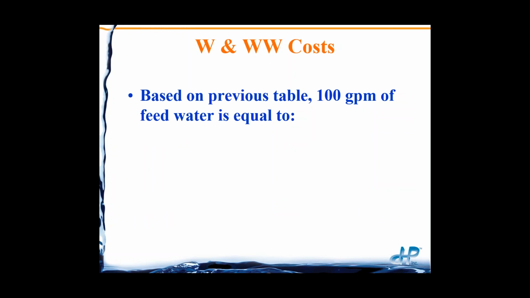But 100 gallons a minute times 1,440 minutes per day, you end up with 144 kilogallons, 144,000 gallons per day. And at the price quoted in that table, you're looking at $564 per day fee and $200,000 per year fee.